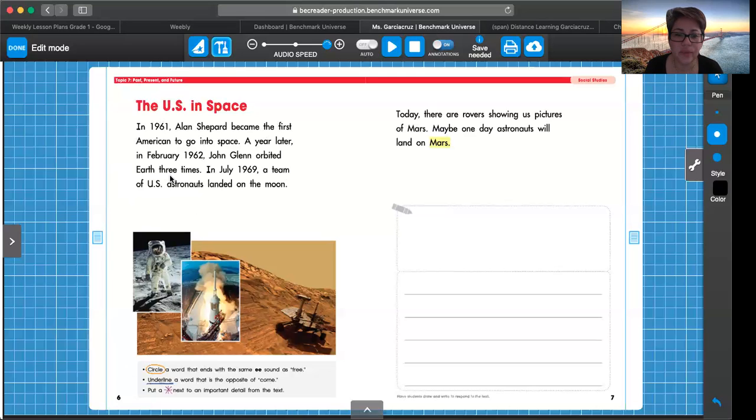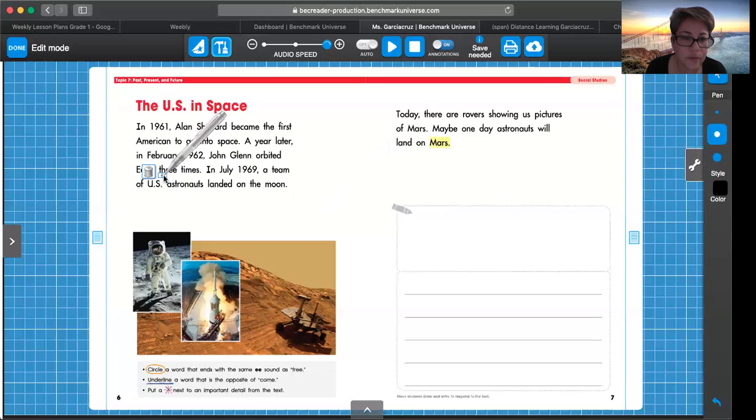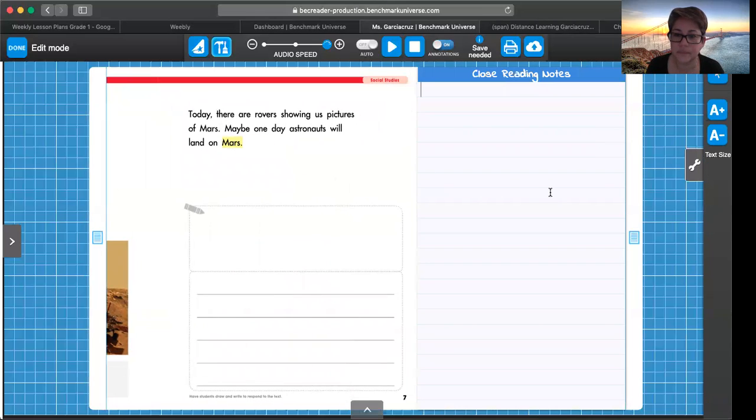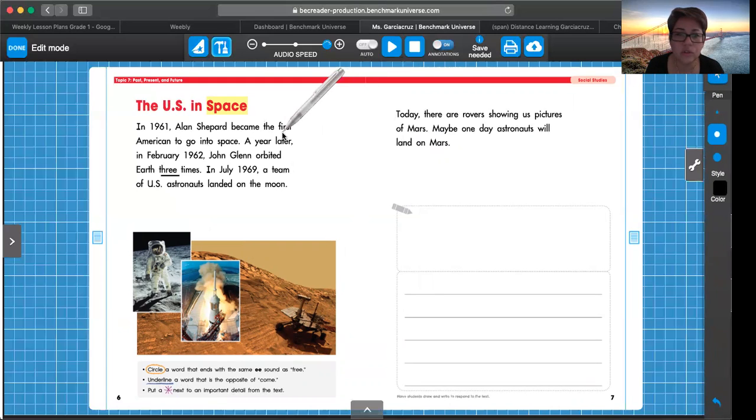Three, and E. Let me go ahead and grab a little pen from here and underline three. There it is. Space. Oh, there we go. Now, underline a word. Oh, I'm sorry. It says circle. Let's go ahead and circle. There we go.